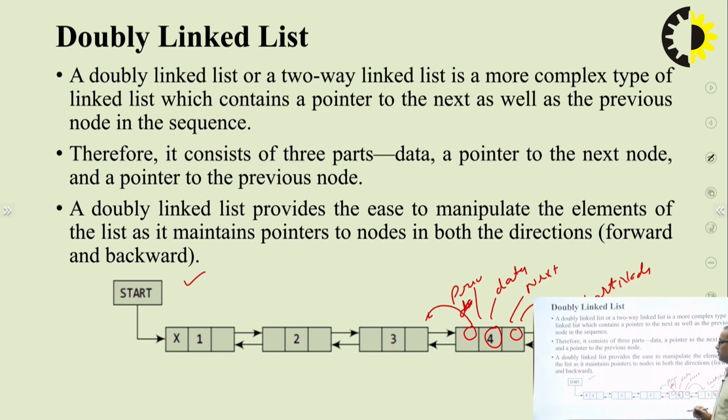In the same way, since this is the first node of the doubly linked list, in the previous field of the first node there will be null, because before this there is no node in the linked list. The linked list starts from here. So in a doubly linked list, the previous field of the first node contains null, and the next field of the last node will contain null. Okay, so this is the concept of the doubly linked list.